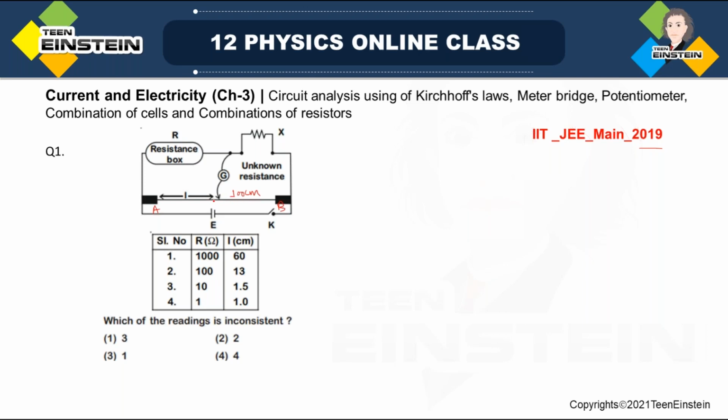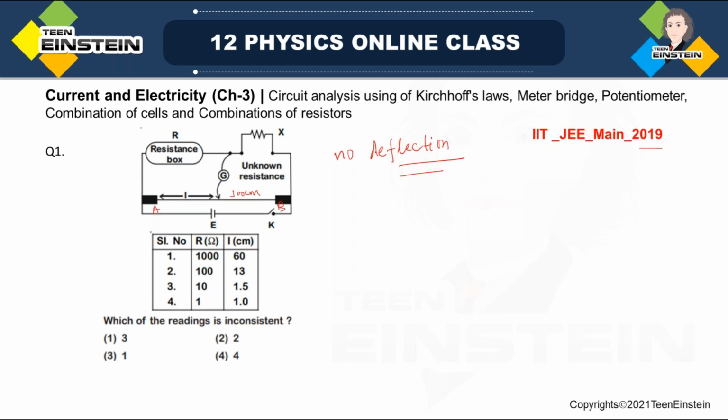And here we will start sliding the jockey from A and go over it, and we will try to get the no deflection condition in the galvanometer. That is called the null condition, as you might know.